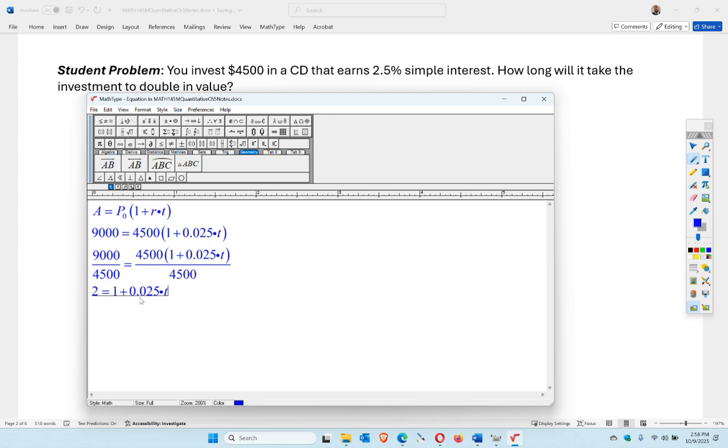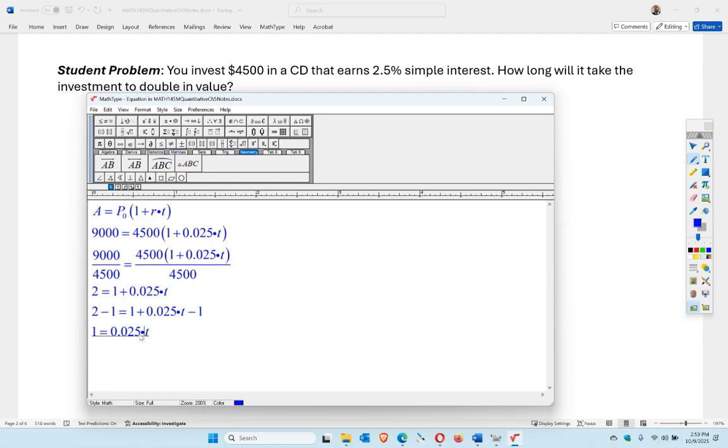So the next step is to subtract the 1 off, right? So I'm going to subtract 1 from both sides. That's going to leave me with 1 equals this, right? Because 2 minus 1 is 1, and then 1 minus 1 just goes away.